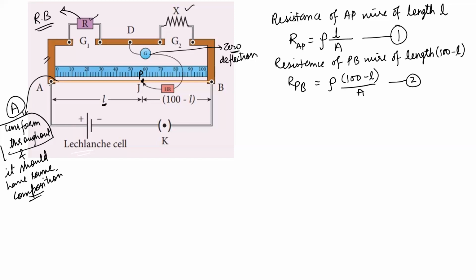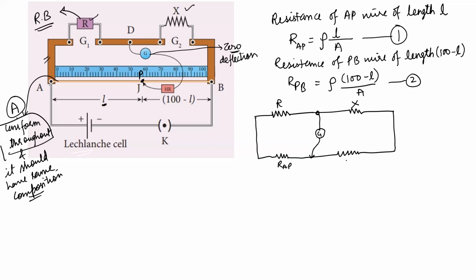Here we are having 4 resistances. And what are those 4 resistances? As we can see, here R is connected, here X is connected, and a galvanometer is connected, and this galvanometer is connected with a jockey, and here we are having the resistance of the wire RAP, and here we are having the resistance of the wire, that is RPB, and a battery is connected.